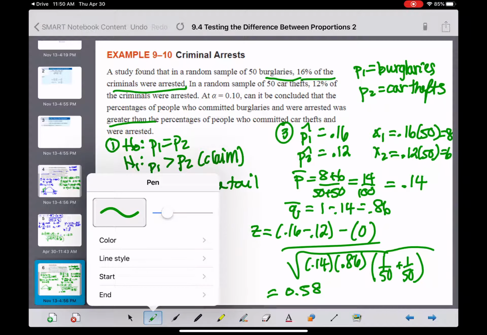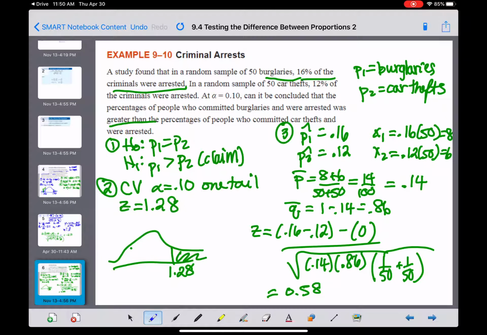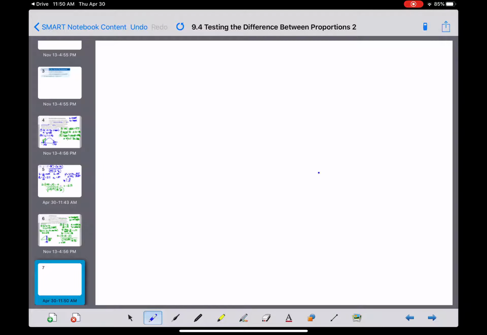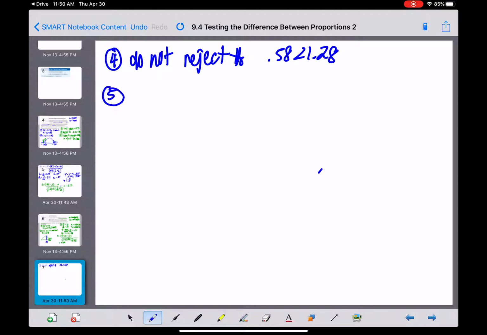When I put that on my graph, 0.58 is not in the rejection region, so I am going to not reject. Step 4: do not reject H naught. 0.58 is less than 1.28. Our claim was in the alternative hypothesis, so there's not enough evidence to support the claim.